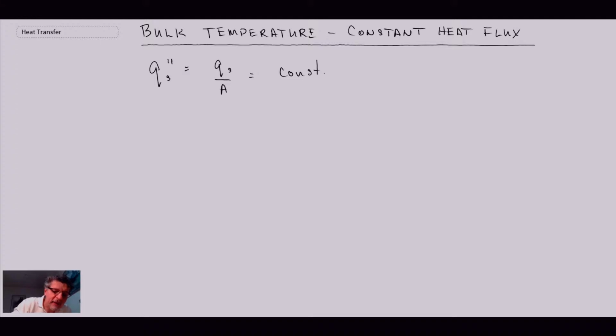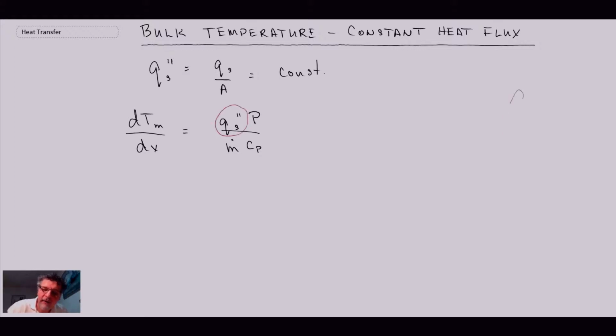With that, let's take a look at our differential equation for the bulk temperature in the pipe. This is the expression that we had derived. It was one part of that equation. Looking at this equation, we just said that the heat flux is a constant.